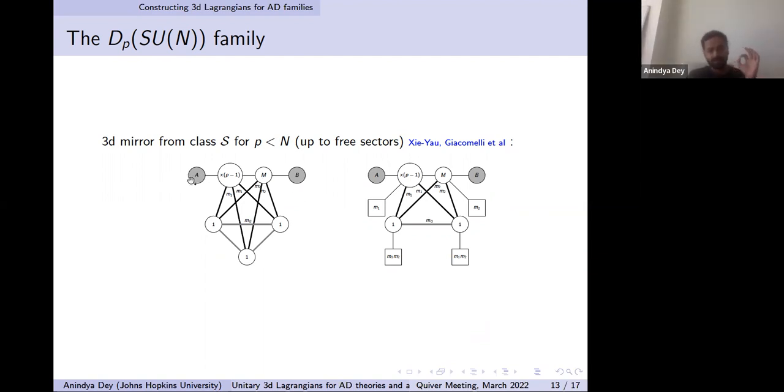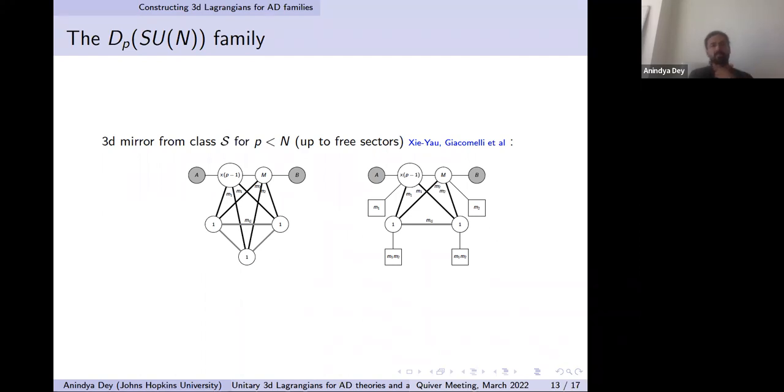One is a linear quiver of this form, and the other one is a complete graph of certain number of vertices, and there are a bunch of bifundamentals connecting them. Okay, so all these numbers x, p, m1, and 2, they can be read off from these two integers p and n. So that's the basic idea. And again, I have to decouple an overall U1, which I have done.